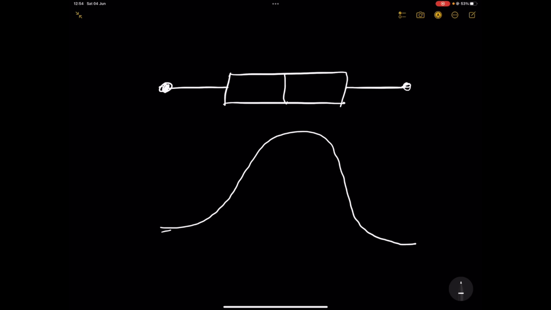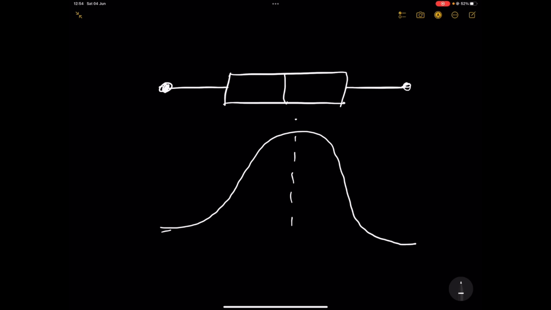It means that your data is evenly distributed, so you've got two equal halves. That means that your mean, your mode, and your median are more or less around the same point.